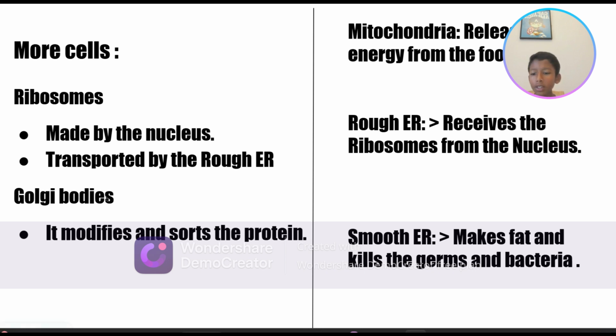The Golgi bodies modify and sort the protein. The mitochondria releases the energy from the food. The smooth ER creates fat and kills germs and bacteria.